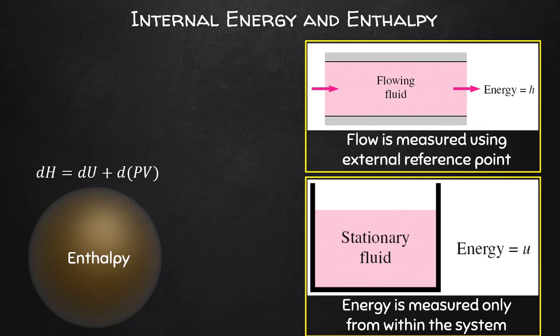For example, if we added work to the system and its kinetic motion increased, and later this energy dissipated as heat, this energy is said to have been contained within the macroscopic constructs of the system. So this is a discussion of the internal energy of the system.